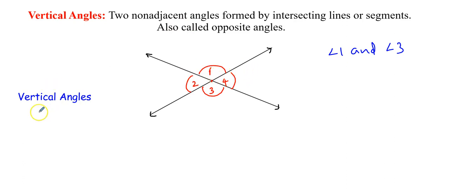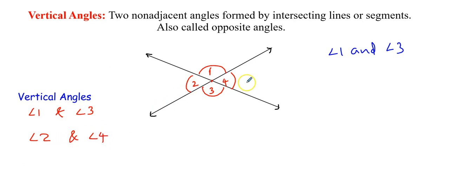So, here I have angle 1 and angle 3. This is one pair of vertical angles. And what is the other pair we have? Angle 2 and angle 4.